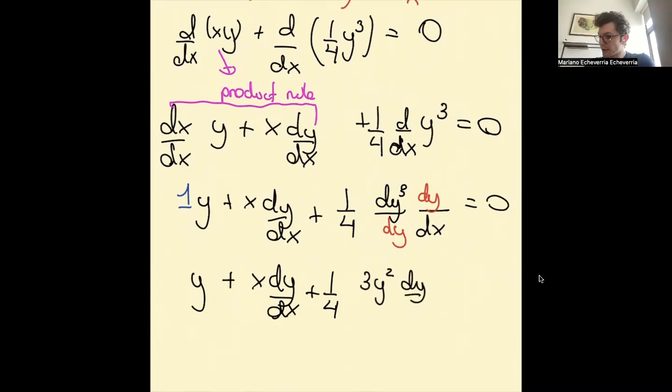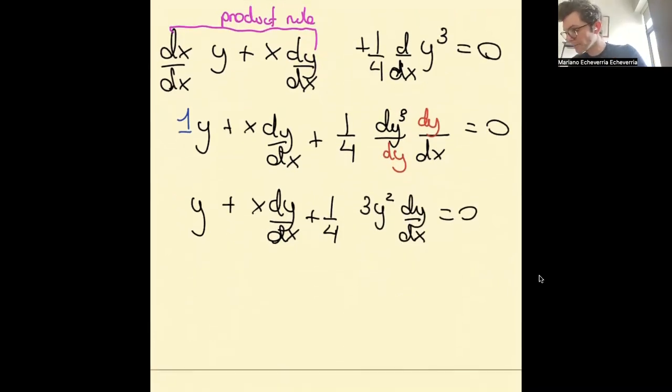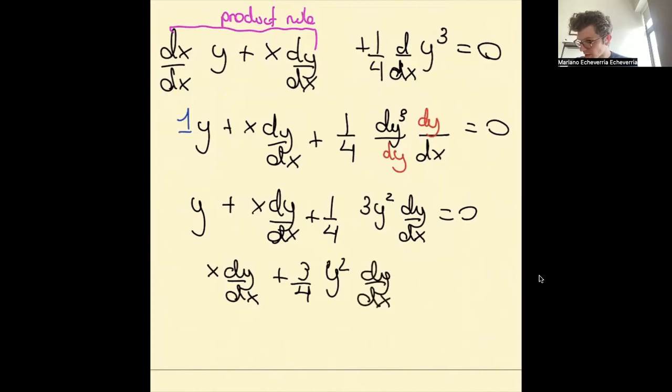And then that's being multiplied by dy/dx, equals 0. Okay, so this means that x dy/dx plus 3/4 y squared dy/dx equals negative y.